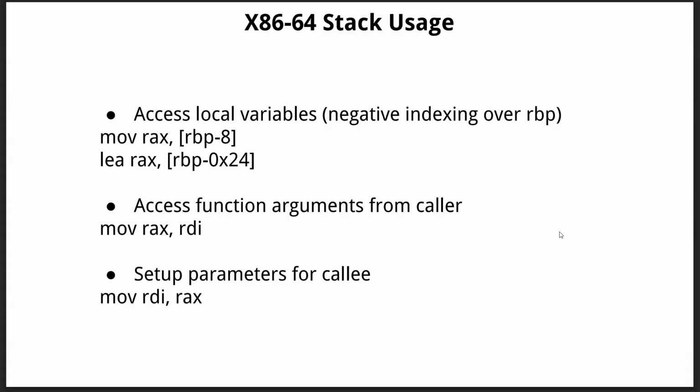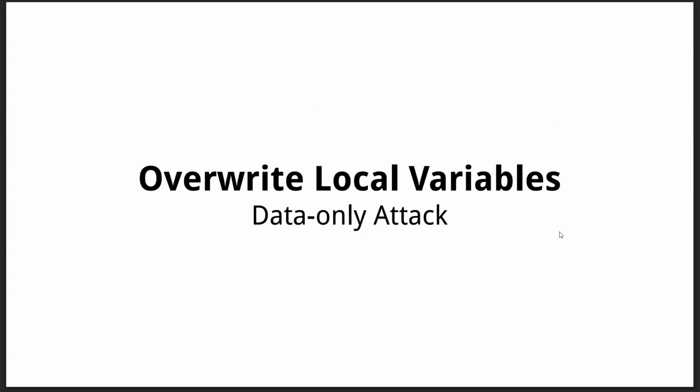However, if you say this one, move RDI to RAX at the beginning of the function, that is actually retrieving the first parameter, because the first parameter is in RDI, it's not on the stack. Or if before a call to a function, we're moving some value, let's say in register RAX to RDI, then we are actually setting up the parameter for the function call we're about to do. Cool.